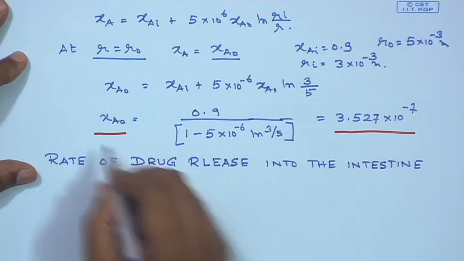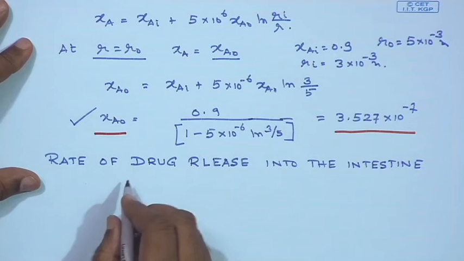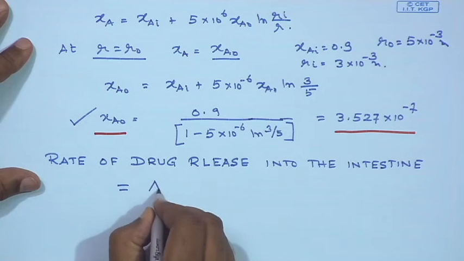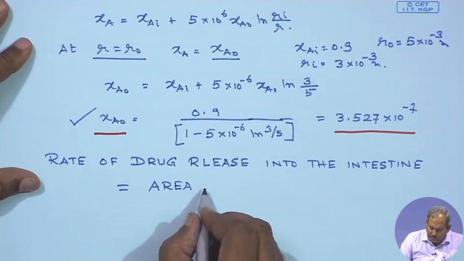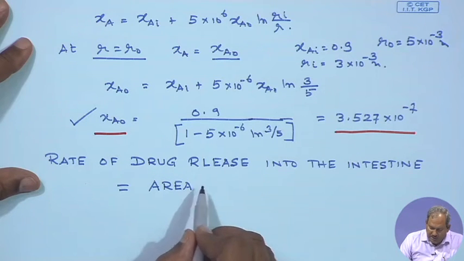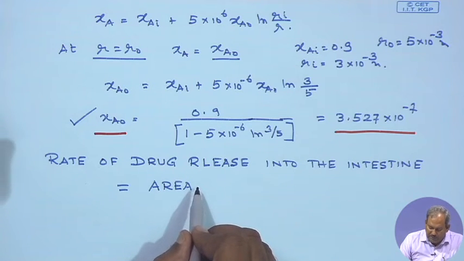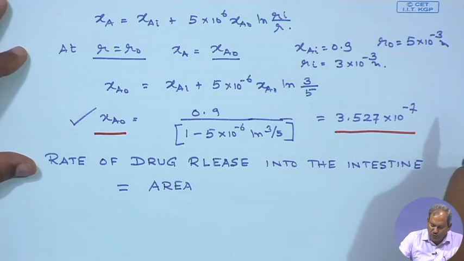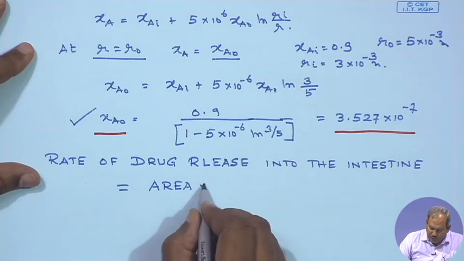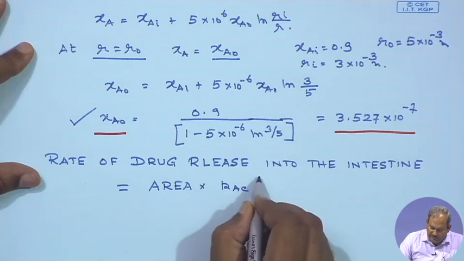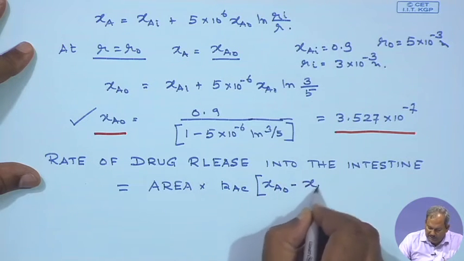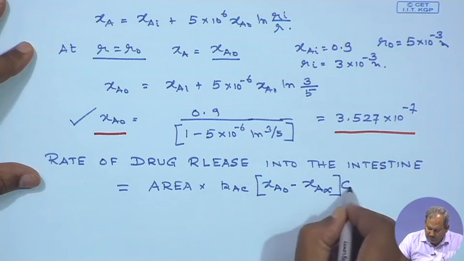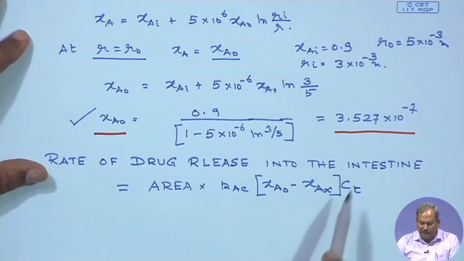We understand that since I know x_A0, I should be able to equate the convective movement of the drug away from the outside of the inert core to the digestive juices. So, I am going to have this as K_AC multiplied by x_A0 minus x_A infinity times whatever be the total concentration in here.